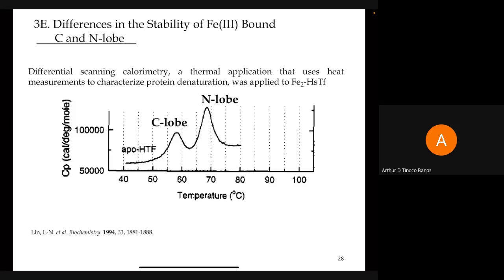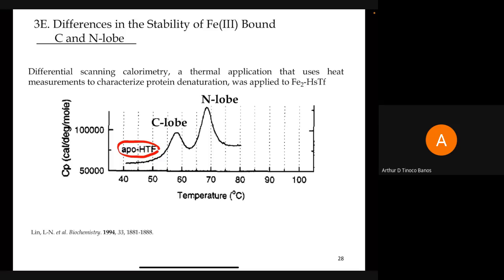So here I'm presenting to you some thermal data. This is differential scanning calorimetry, which can be used to characterize the stability of a protein. What I'm showing you here is data that corresponds to just the metal-free protein, metal-free APOM. That's the terminology that is used. You have two distinctive signals.